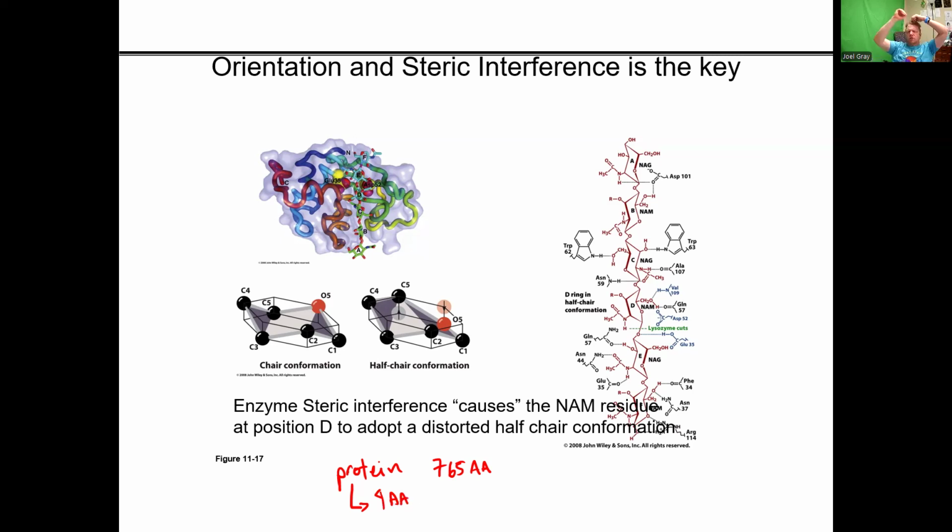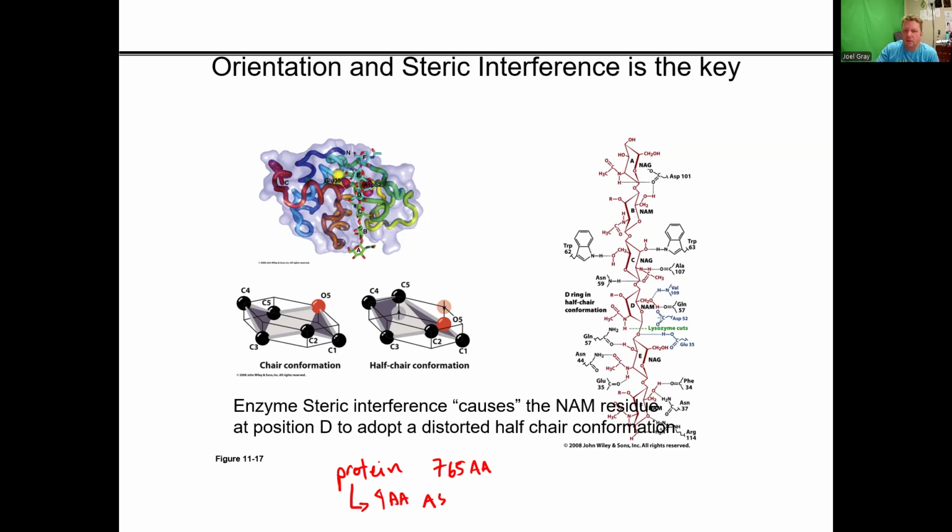Those 4 amino acids make up the active site. Now, those 4 amino acids that make up the active site are important, no doubt about it. What about the 761 other amino acids? Where are they involved? What's the significance of one of those being mutated to any other amino acid? What's the deal there?